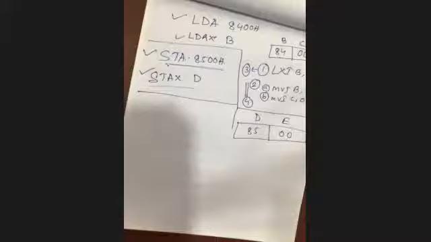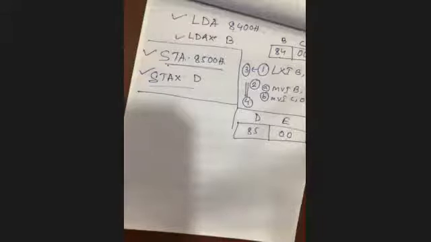Tell me, which instruction is preferable and why? So first, STAX will be preferable because that's a 1 byte instruction. But without the content of the DE register pair?